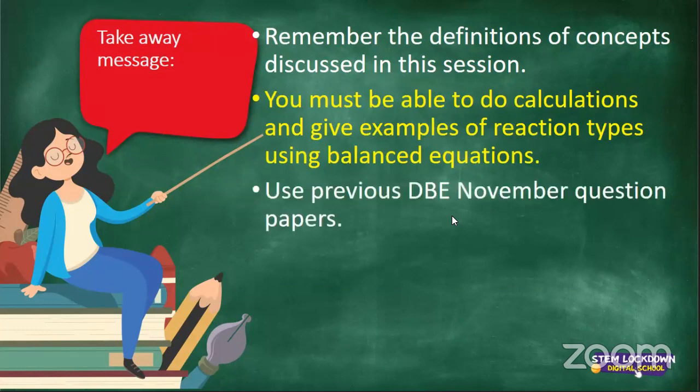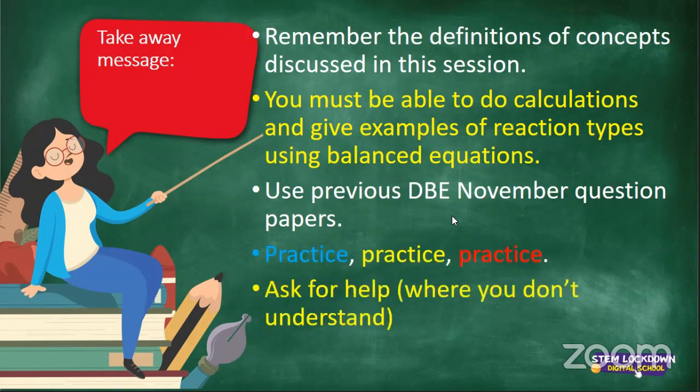You should be able to do calculations and examples of the type of reaction. What is important, you should be able to balance the reaction, and use the previous DBE November question papers to revise, and any other material that can be useful. Where you need help, please feel free to ask.